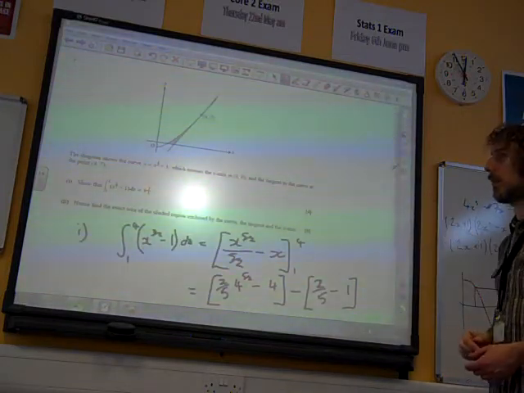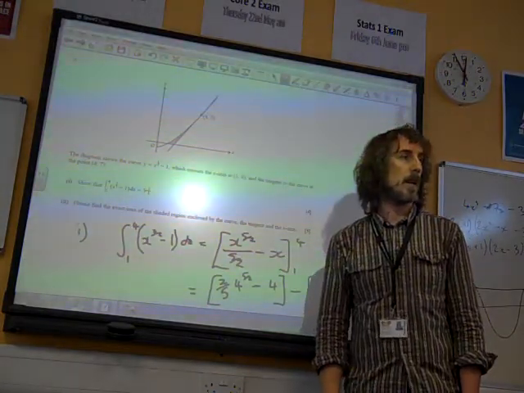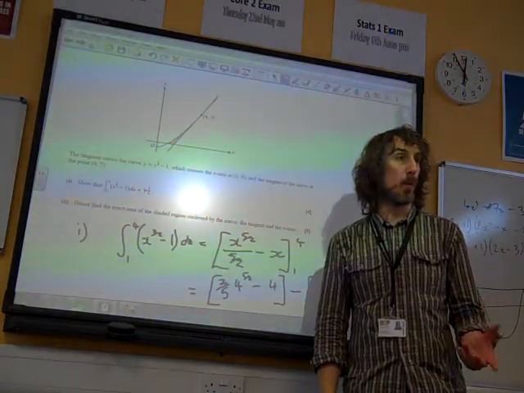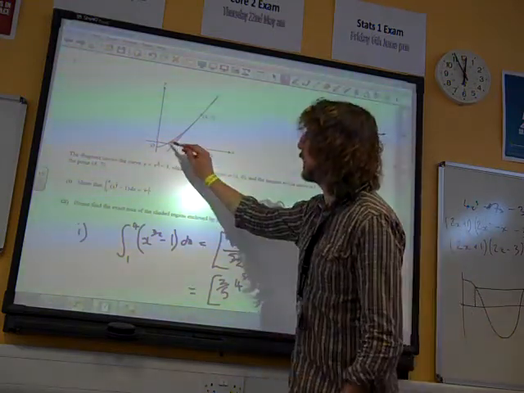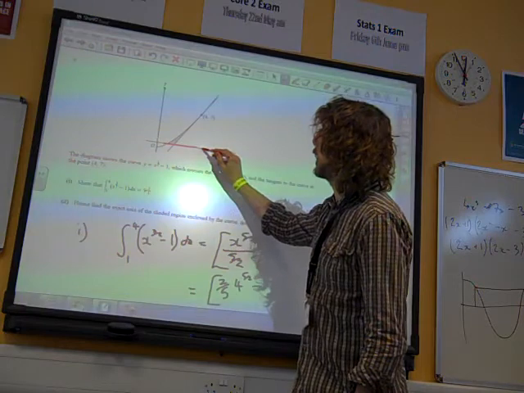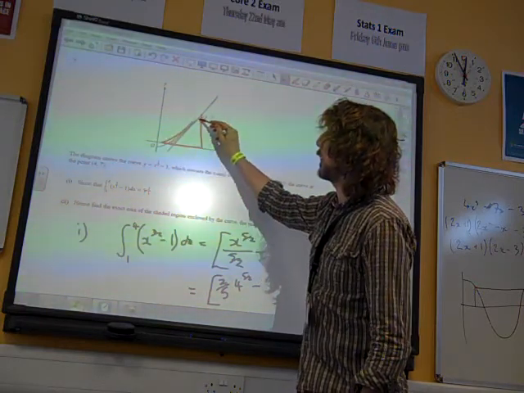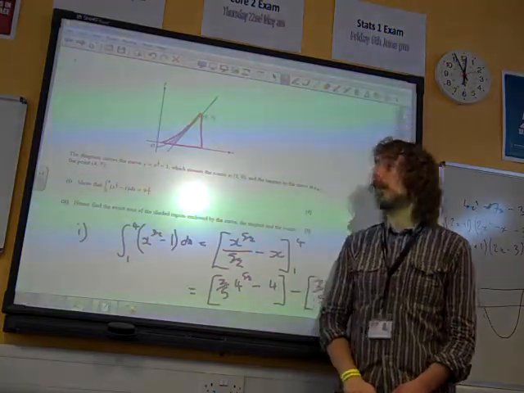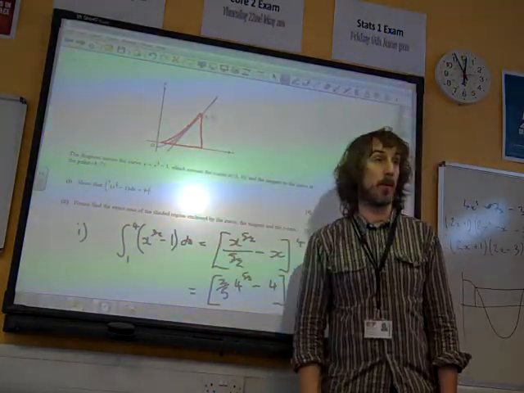Right. So it's that region there that's been shaded in. Now, if we think about what we have just calculated, we've just calculated the area there. I've exaggerated it slightly so you can see what bit we've got, but that is the area that we've just worked out.